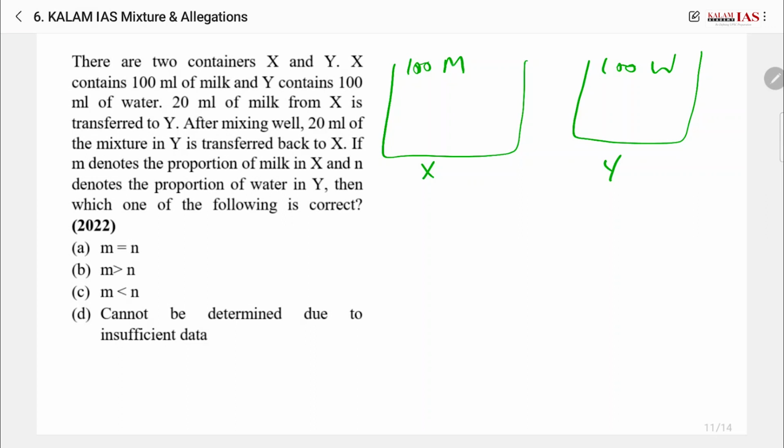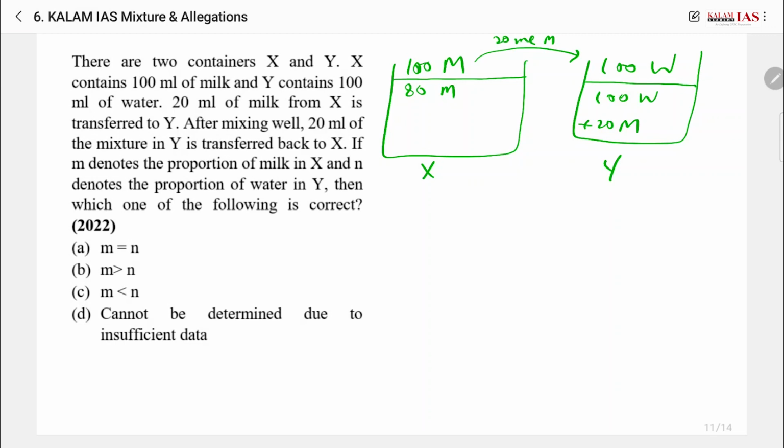So if 20 ml is transferred, left will be 80 ml of milk, and Y will become 100 ml of water plus 20 ml of milk. So this is condition 2.